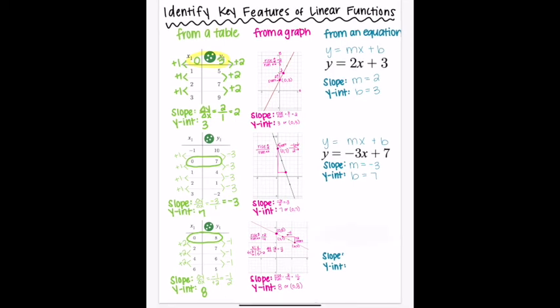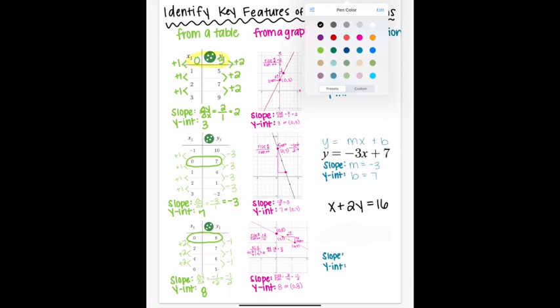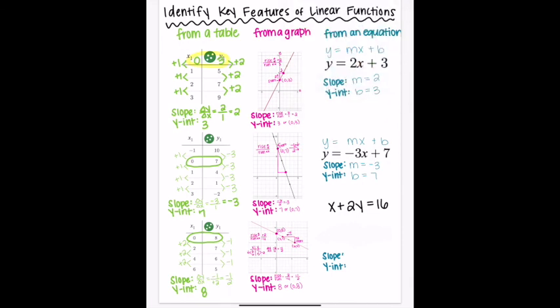What if our equation looked like x plus 2y equals 16? Well, what we would have to do is we would have to change this into slope-intercept form. This right here is called standard form. And we don't want standard form. We want slope-intercept form. So we would have to change this to slope-intercept form.